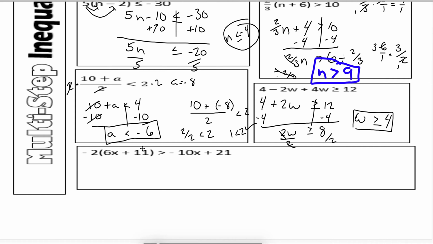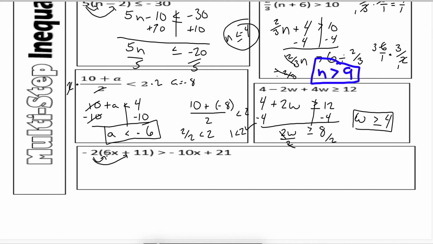Nice job. Let's try this one here. Previously, we've had one number on one side. Now we've got two terms on both sides, or more than two terms over here. Let's use distribution to distribute this negative 2 to both terms.